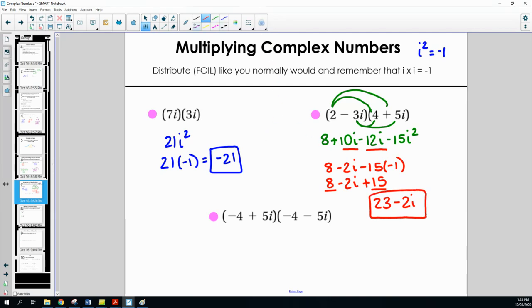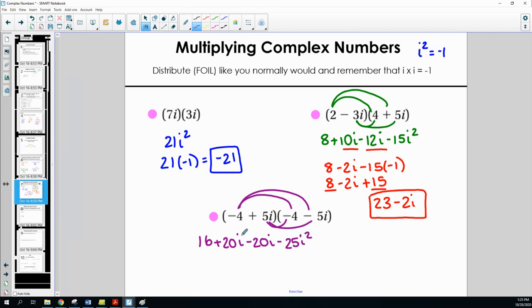Okay, and then for this last one, again, we're going to FOIL. So -4 times -4 is going to give us 16. -4 times -5i will give us 20i. 5i times -4 is going to give us -20i. And then 5i times -5i gives us -25i squared.